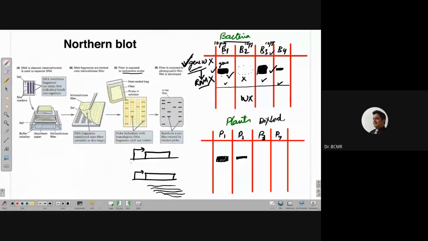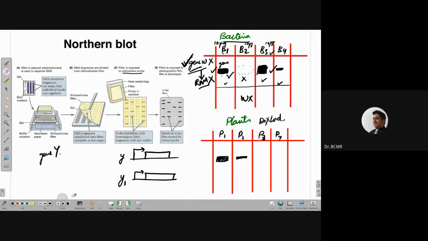So assume that this is the one allele in gene Y. And then here we have Y. This is Y, that is normal one. And this is Y1. There is some difference in that.